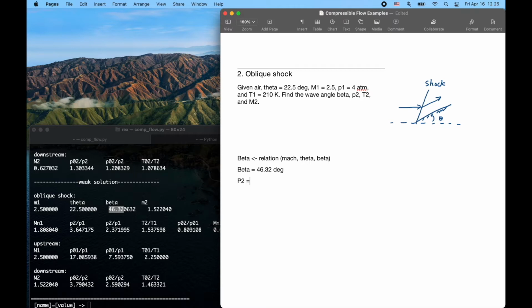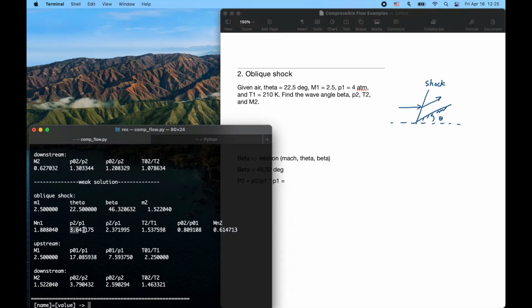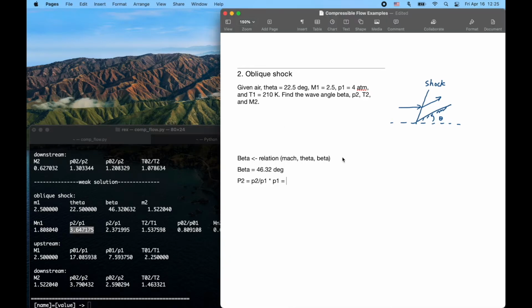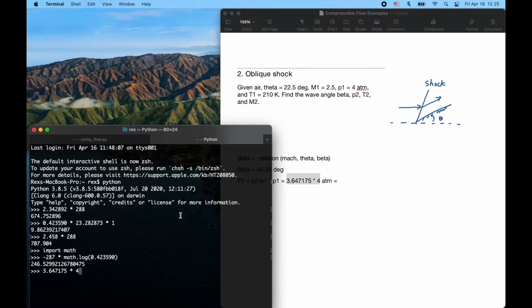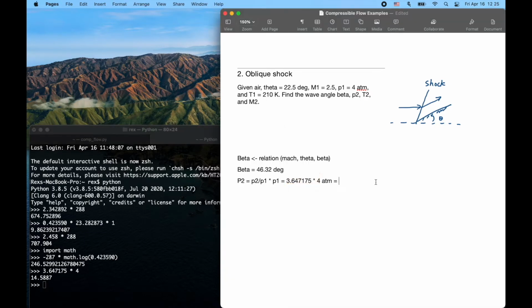Next, pressure 2 equals P2 over P1 across the oblique shock times P1. This ratio is here, times P1, which is 4 atm. And this gives us 14.5859 atm.